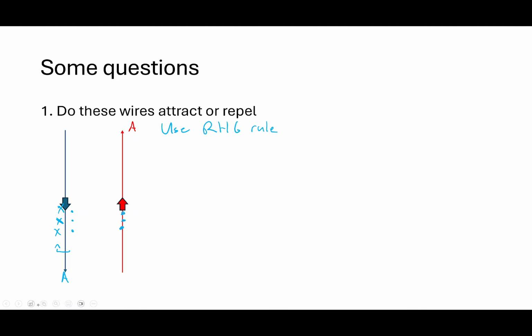Now for the red wire, we use the right hand grip rule, and we see that the magnetic field is curling that way. So it's going into the page here, and then out of the page here. So it's out of the page on the blue wire, and the blue wire's field is out of the page on the red wire.